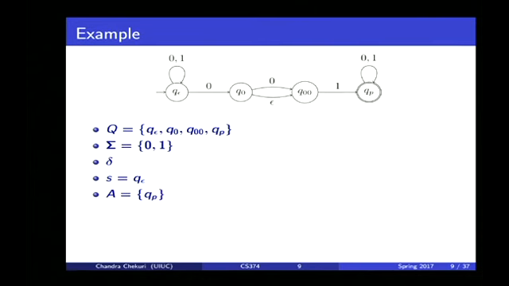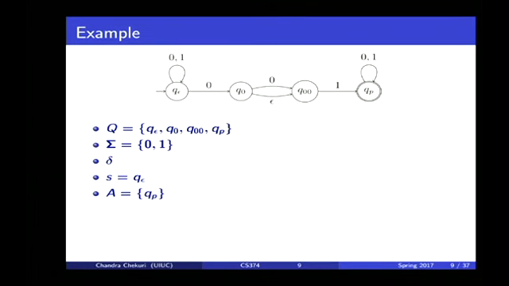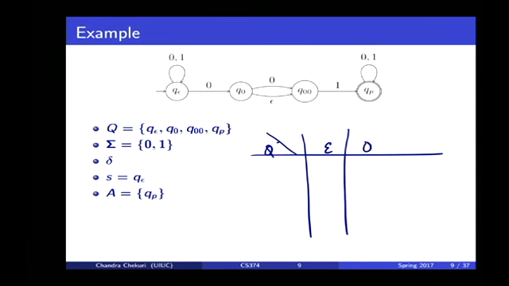Now, how do I tell you delta? I have to give you a table. My table has the states here, and here it is sigma union epsilon, so I have epsilon, 0, and 1.